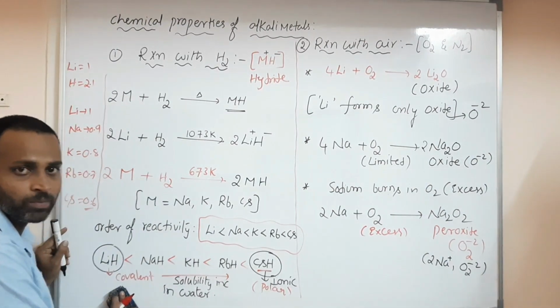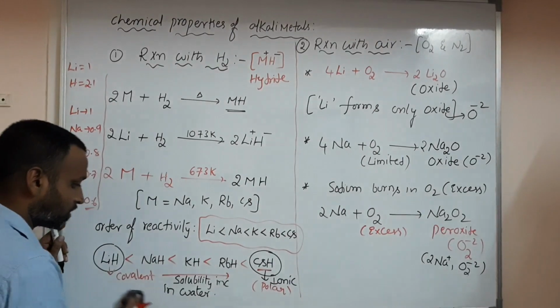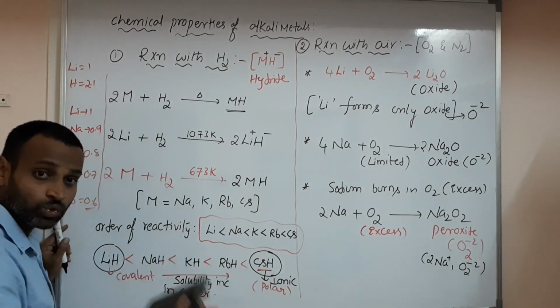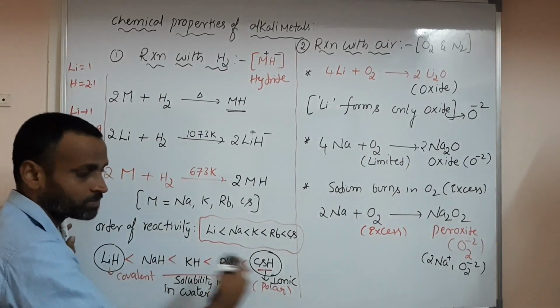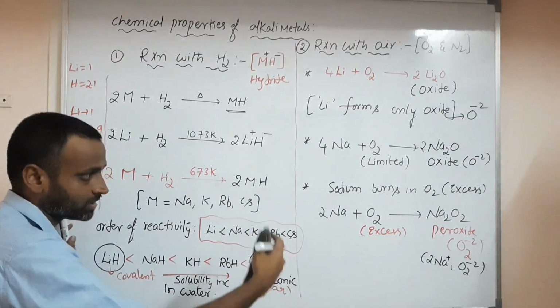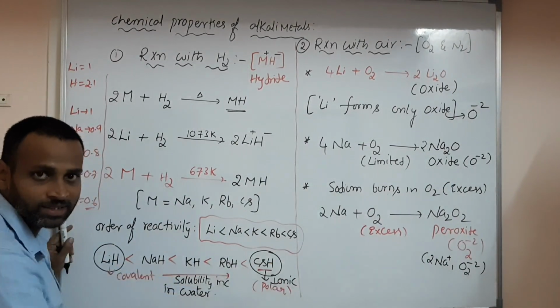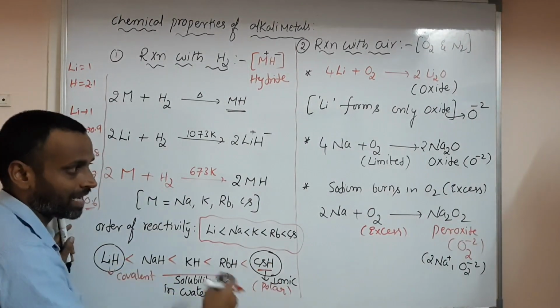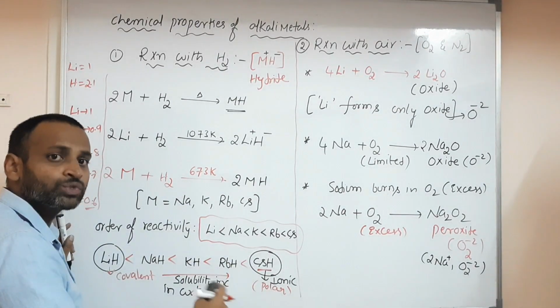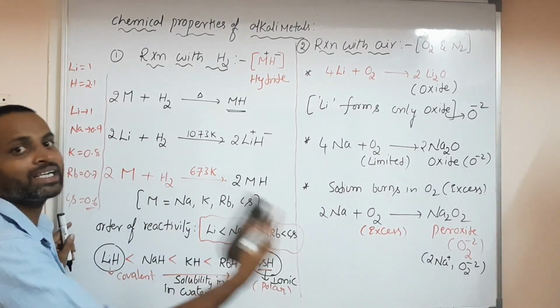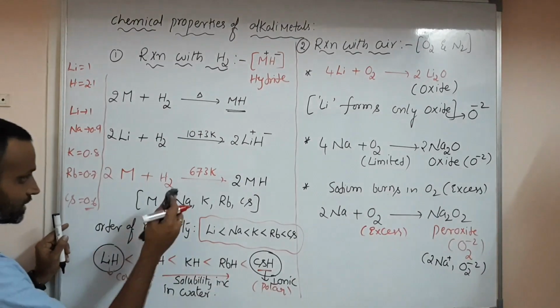This is very important because they will ask you which superoxide. Even for peroxide, it is the same story: as cation size increases, peroxide stability increases. Even for superoxide, as cation size increases, superoxide stability increases. So these are important. Please make a note.